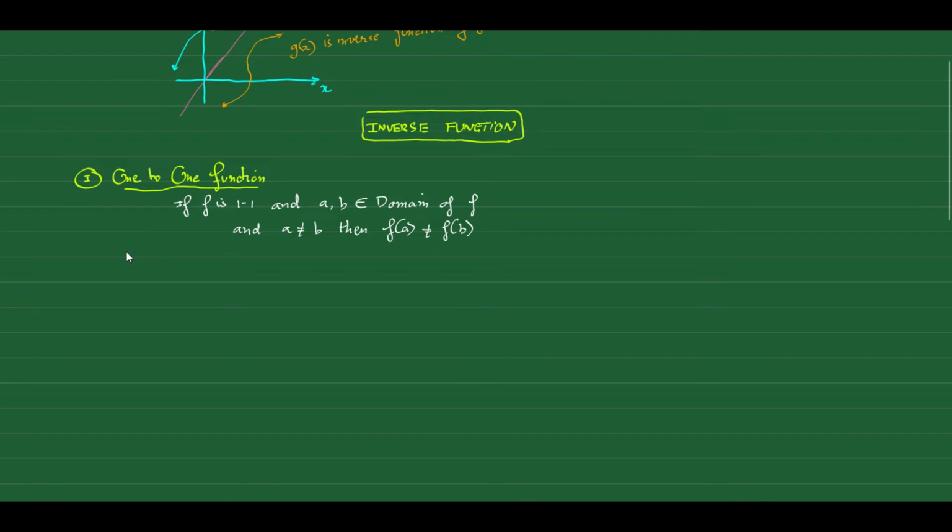So a one-to-one function is a function where each x value corresponds to a y value, and each y value corresponds to an x value.